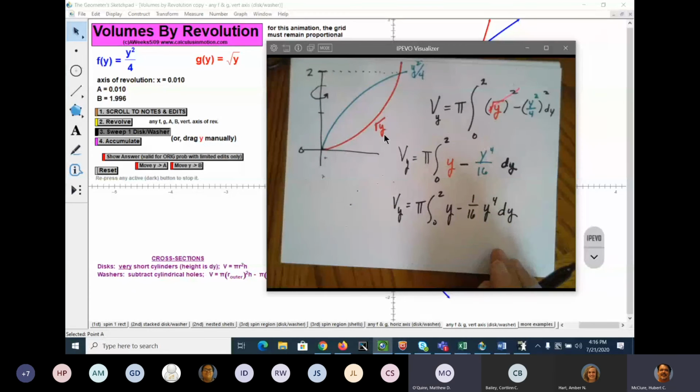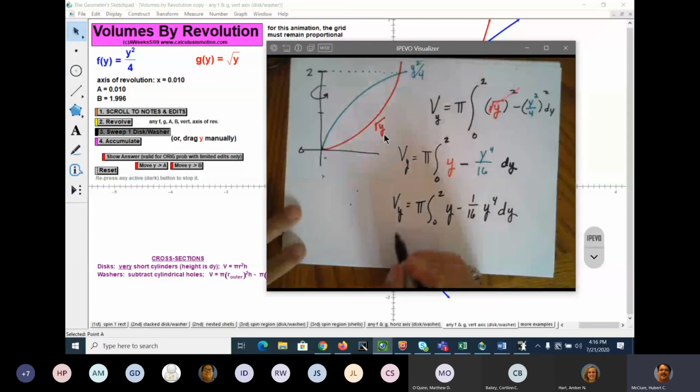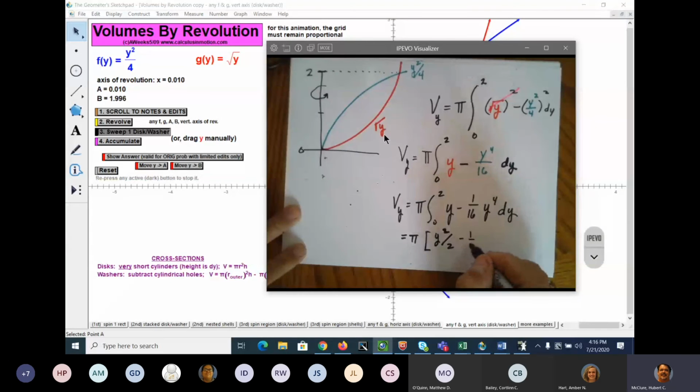You need to pull that 1/16 out front. That's going to give you pi times y squared over 2 minus 1/16 times y to the 5th over 5, at 0 and 2.